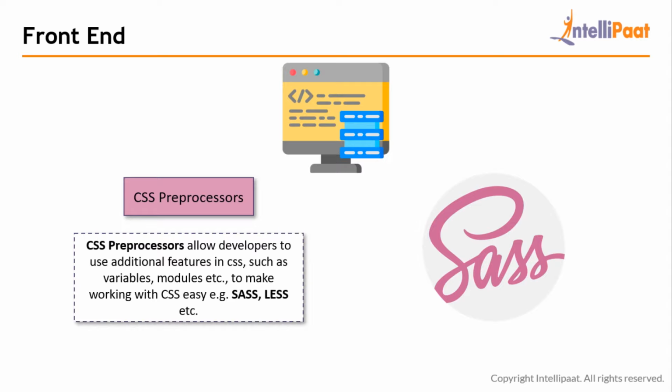Then you compile that preprocessor into CSS, and that CSS is then used by your web application. So CSS preprocessors allow you to write more advanced CSS. There are many preprocessors available out there. Some of the more popular ones are called Sass and Less.